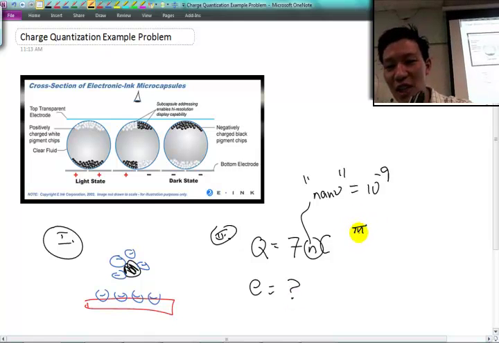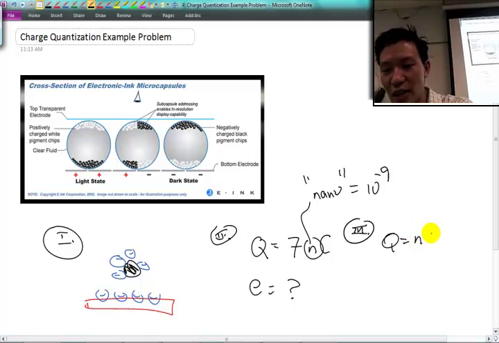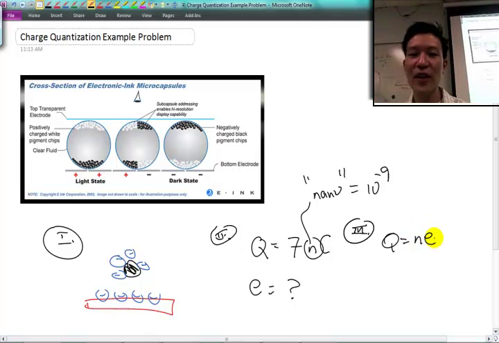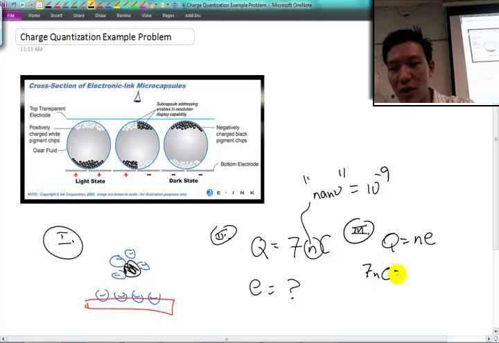So the equation looks like this. The amount of charge Q is equal to N times the number of electrons. C is for coulombs of charge. It's getting used to this. So in other words, in 7 nanocoulombs, there's a certain number times the charge of an electron.